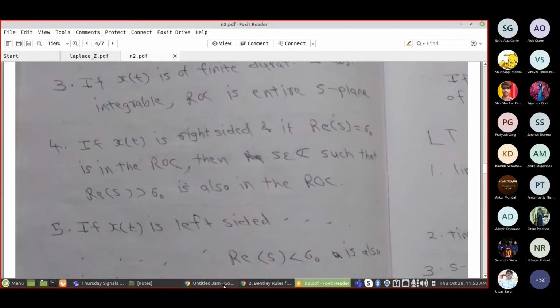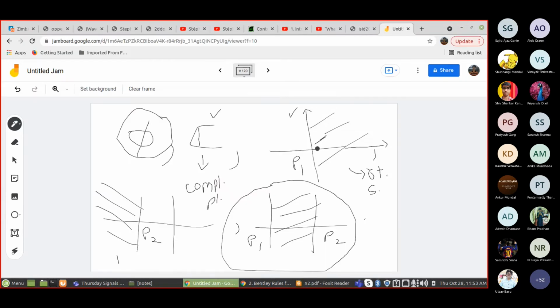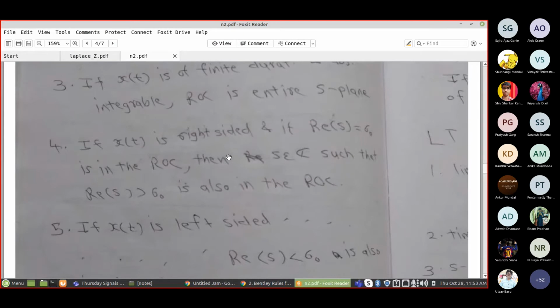So that's just restating this. For right-sided signals, we get ROC to be of this kind. So if sigma naught is in ROC, then everything to the right of sigma naught is also in ROC. This is what the fourth property says.